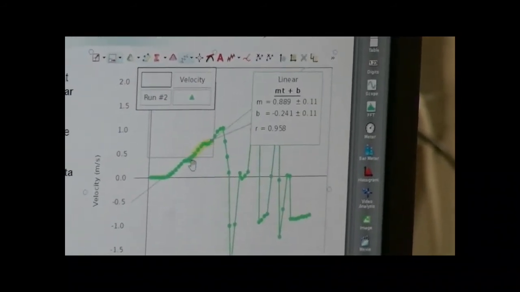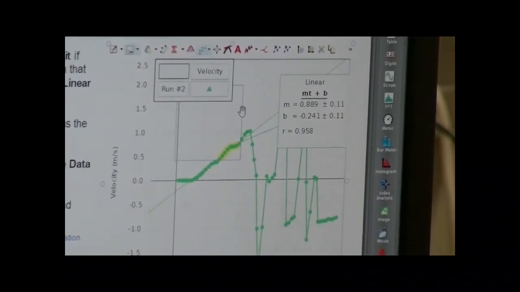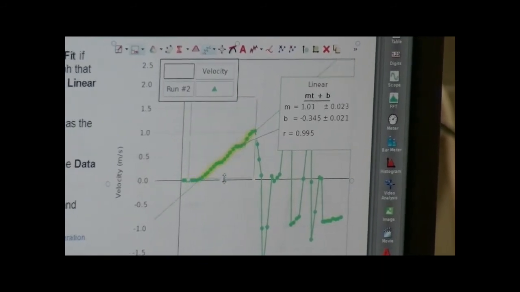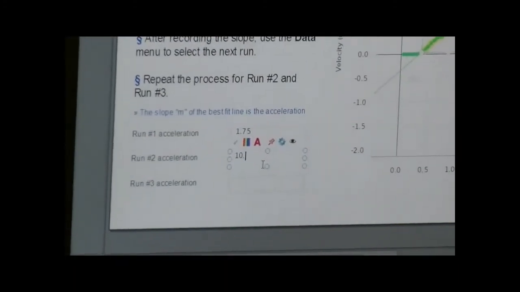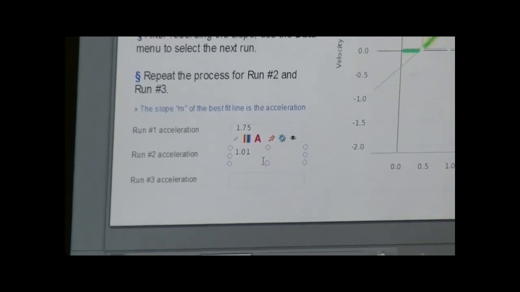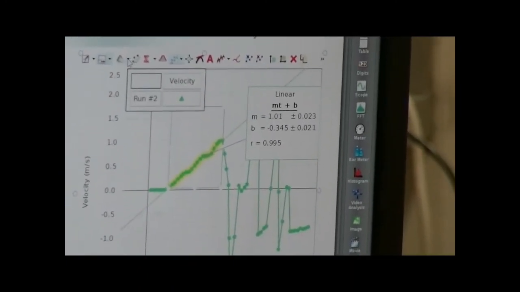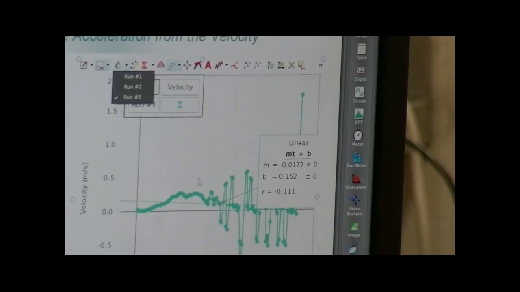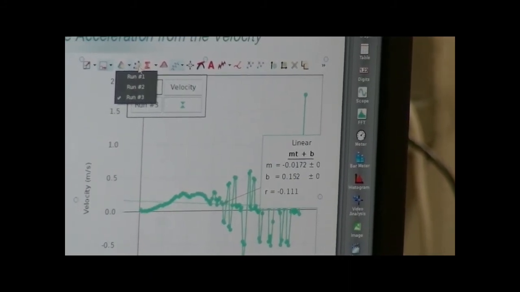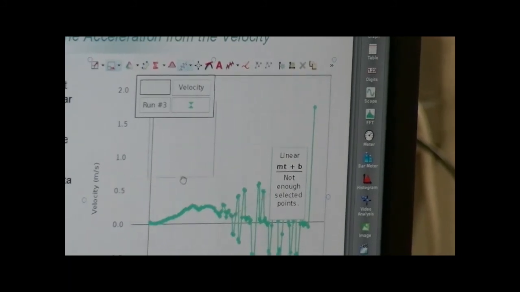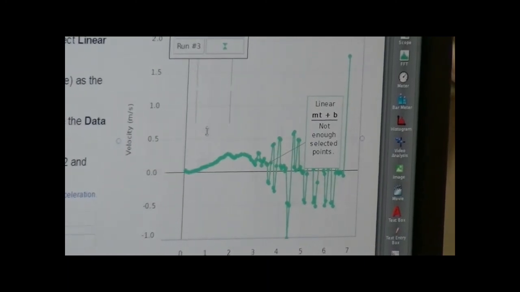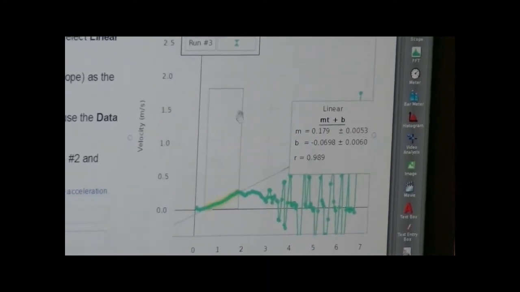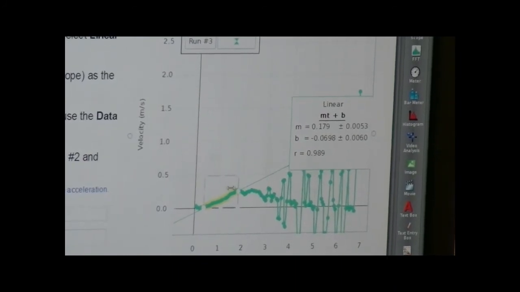Okay, our second run, we get a slope of 1.01 meters per second squared. And for our final run, we're just going to take our region here before it stops slowing down.